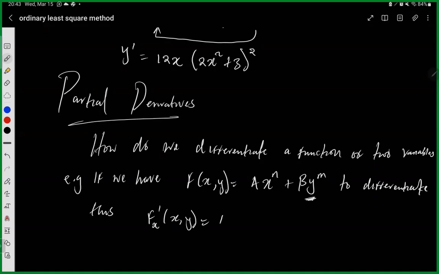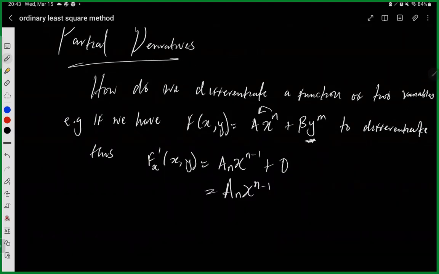So we say a n, because the power comes down here, multiplied by x, then less the power by 1, just like we have done so far. When you differentiate the other part, of course, it becomes 0, because we held it as a constant. The derivative of a constant is 0. So the derivative is a n x to the n minus 1.